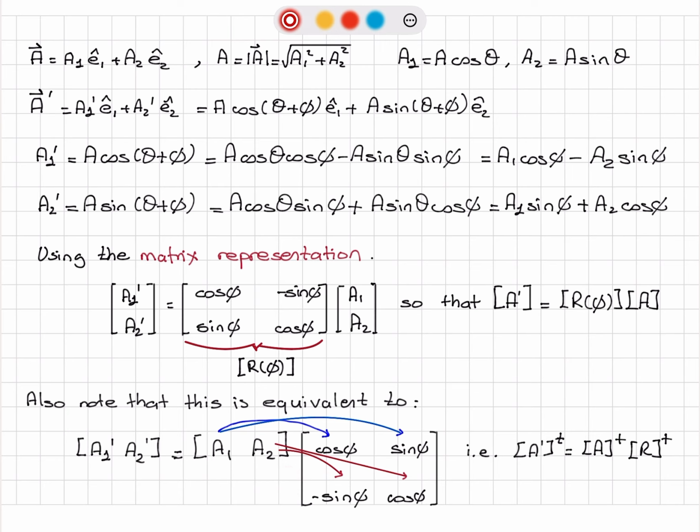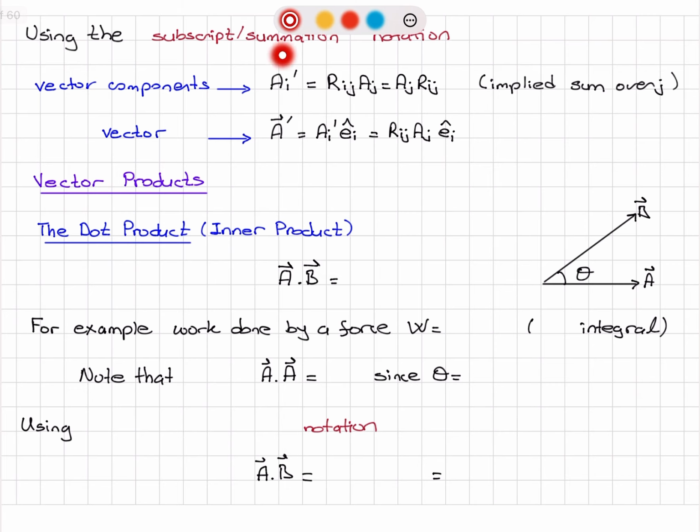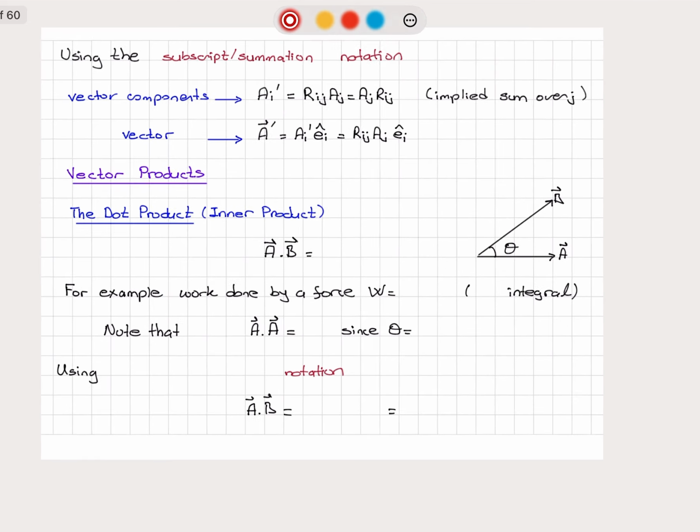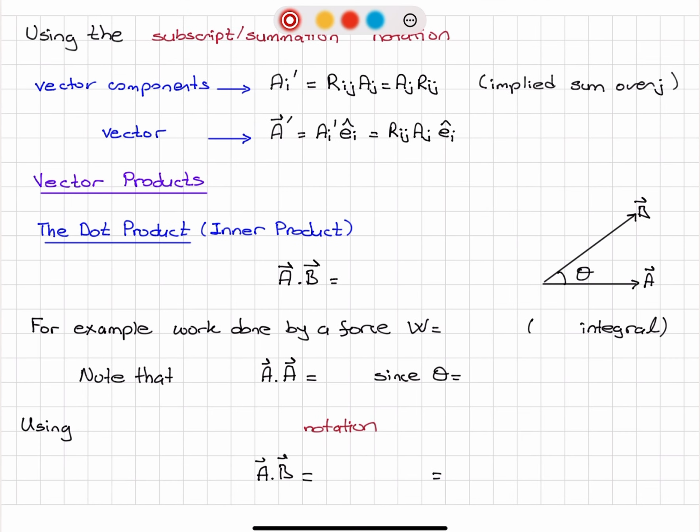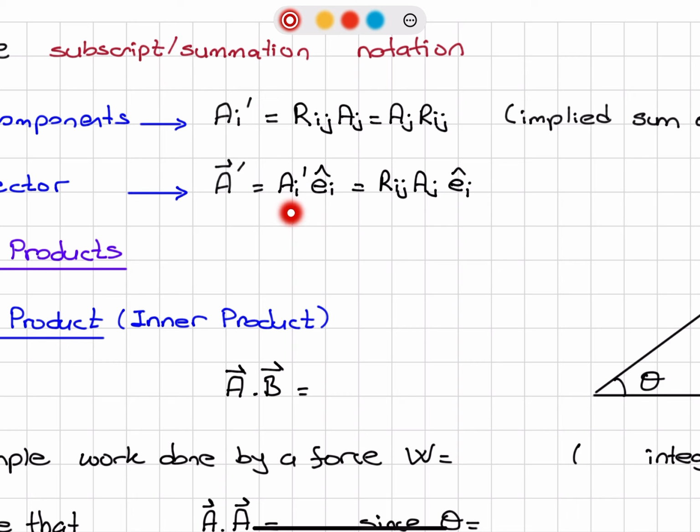And these two results can also be written using the subscript summation notation. And we have seen that the vector components for the primed vector is Rij Aj, so it's basically representing the matrix multiplication here. And the A prime vector can be written in terms of its new components, Ai prime, in the Ei hat basis vectors here.